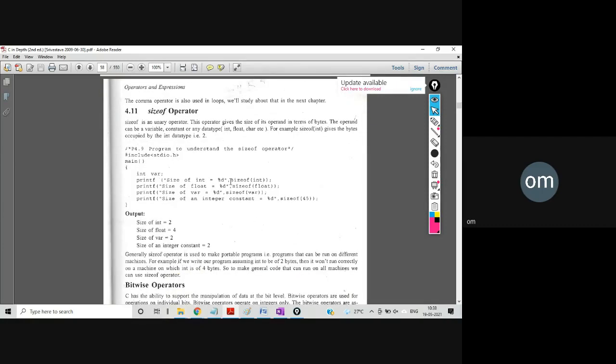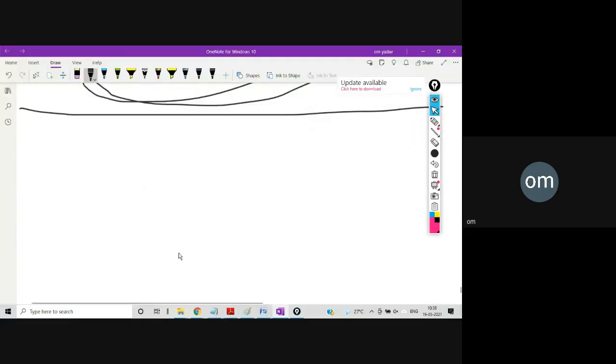For example, if you write a program and if you just simply write in this way, let's say, suppose you are having int x is equal to 2. I am explaining about sizeof.